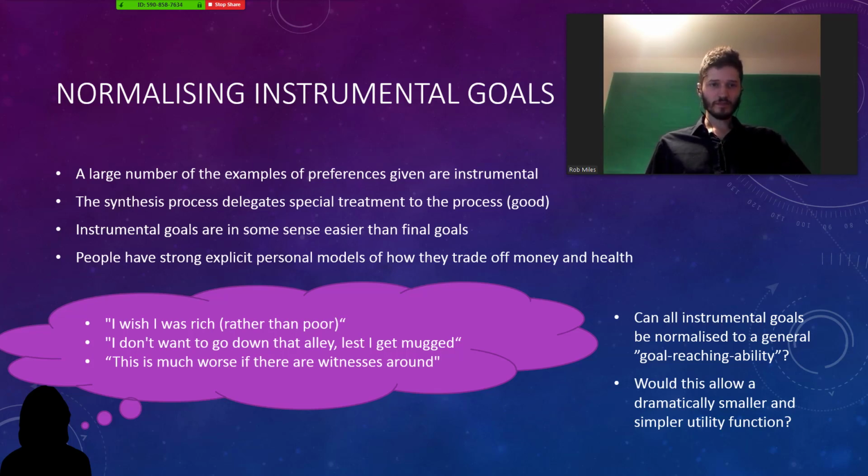I was thinking about one of the examples that's used in the post: if I hear a good argument for X, I want to believe X. And I was wondering, is that an identity preference? And if not, how is it different from something like, I want to be the kind of person who is moved by good arguments?